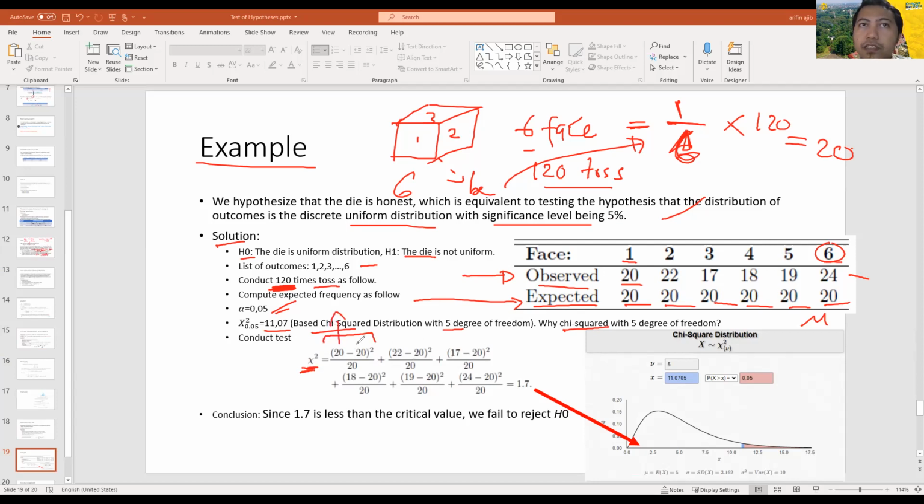Actually, this is the expected value of phase 1. This is phase 2, phase 3. This is phase 4. That's 5, and that's 6, according to this result.